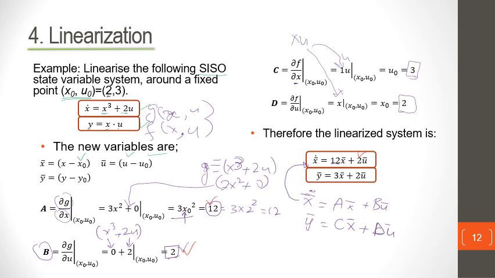Your c is 3, and your d is 2. So this then becomes a linearized single output, single input system with a single state.